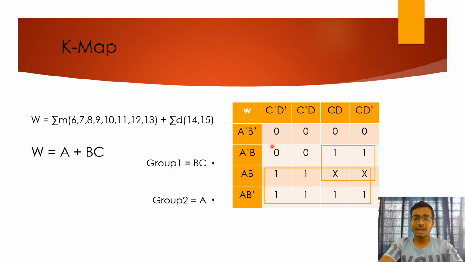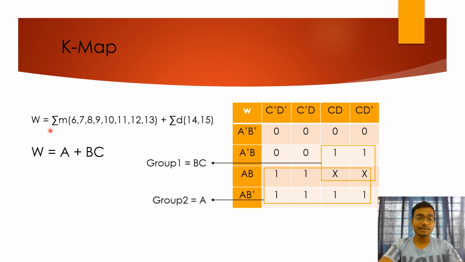The min terms are encoded here in a special format. This first row is the min terms 0, 1, 2, 3, then 4, 5, 6, 7. Then 8 doesn't come here, 8 will be in the A B bar line: 8, 9, 10, 11. Then here 12, 13, 14 and 15.